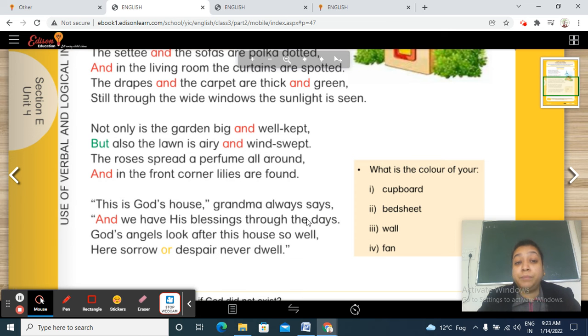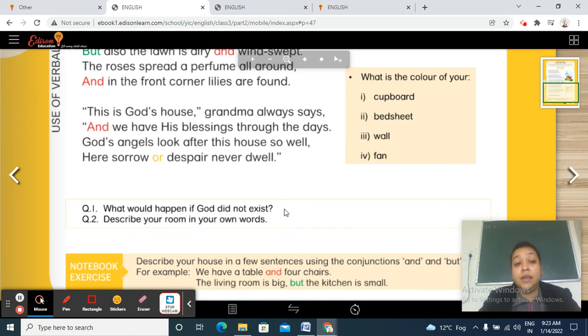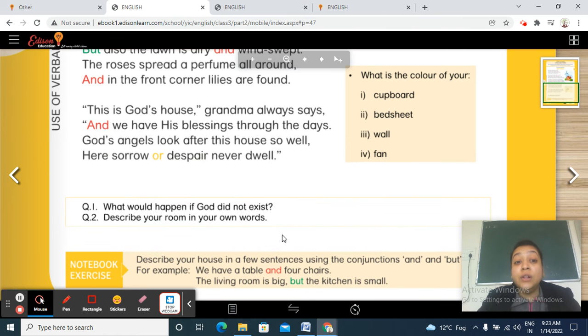The roses spread a perfume all around, and in the front corner, lilies are found. This is God's house, Grandma's always says, and we have His blessing through the days. God's angel look after this house so well. Here, sorrow or disappear never dwell.